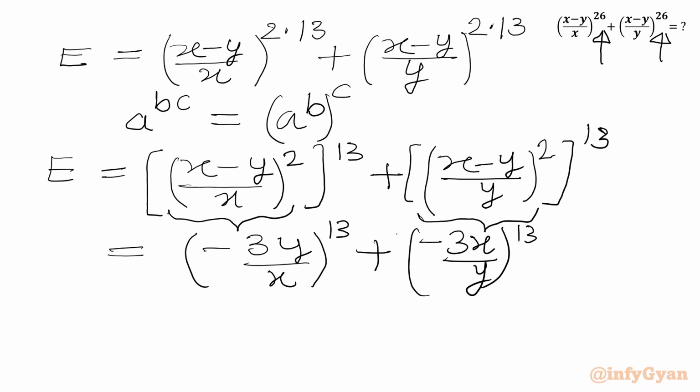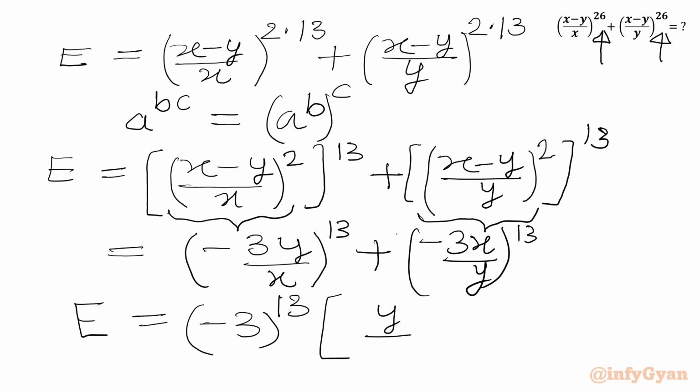Now we can take minus 3 common from the brackets. So we will write the required expression E equal to minus 3 whole power 13, and in the other bracket, we will write y over x whole power 13 plus x over y whole power 13.